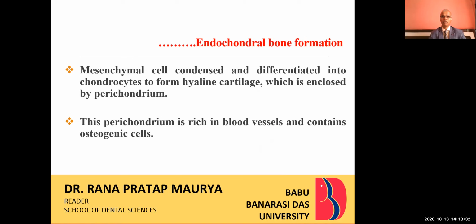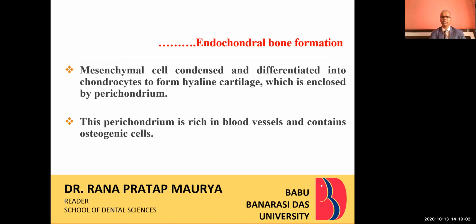First, for endochondral bone formation, mesenchymal cell condensation occurs, and these cells differentiate into chondrocytes. The chondrocytes are the cells which form the cartilage. These chondrocytes form hyaline cartilage, which is enclosed by the perichondrium on the outer surface.